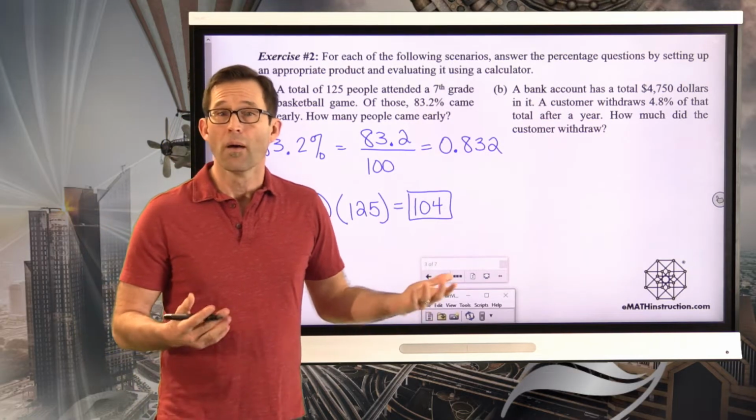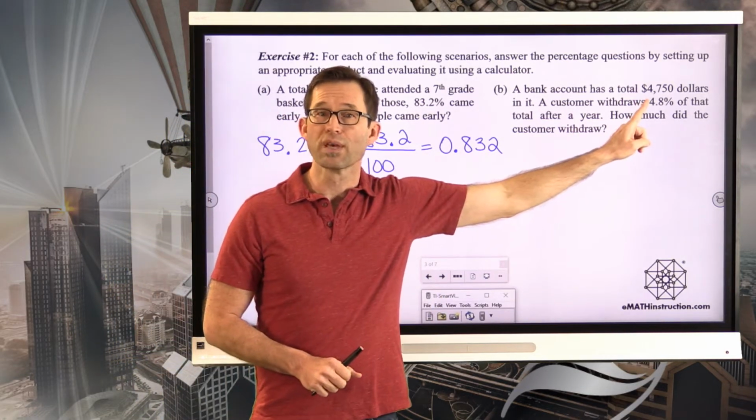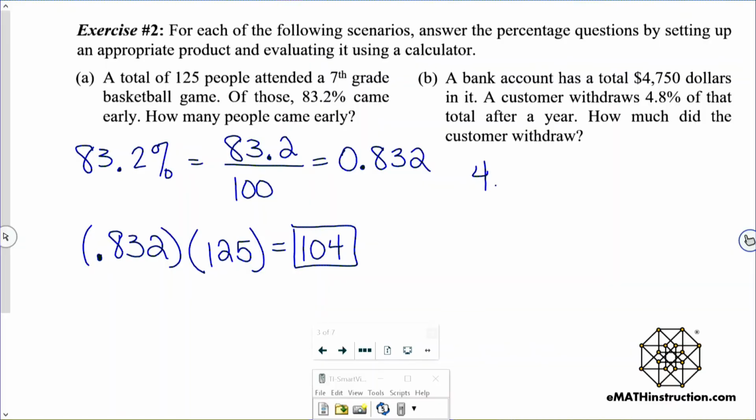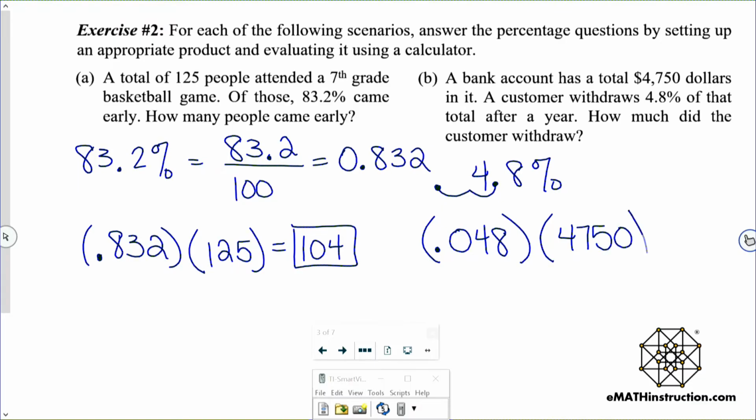All right, well again, my first step is really to take my messy percent, 4.8%, and turn it into a decimal. As I mentioned, if I want that as a decimal, we're going to move that 2 places to the left, and that's going to be 0.048. We're going to multiply that by 4,750.